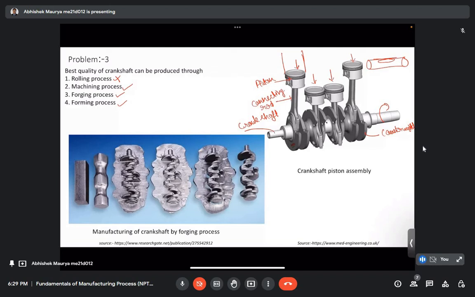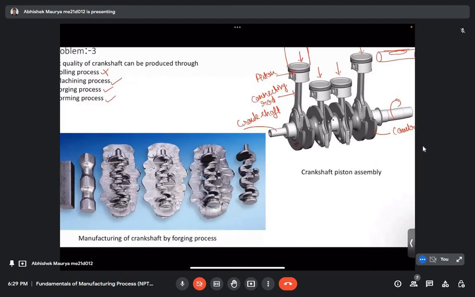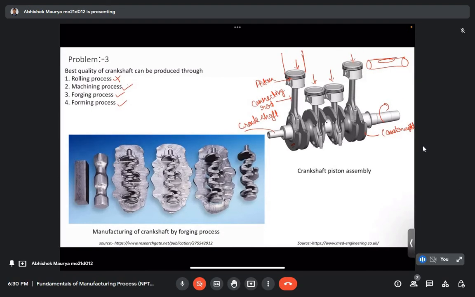Machining, I said, is possible, but that would not be the best approach, and it would be very costly and time consuming to produce a crankshaft by machining. But we have to look for the best process. So that is also not the correct answer for the problem.